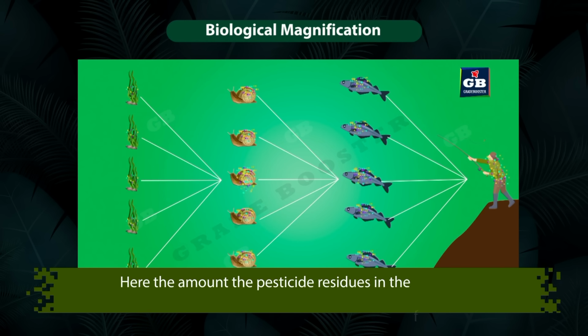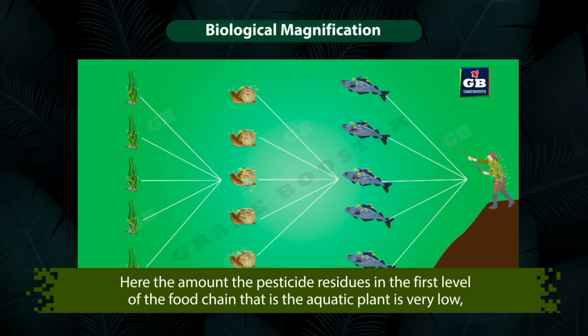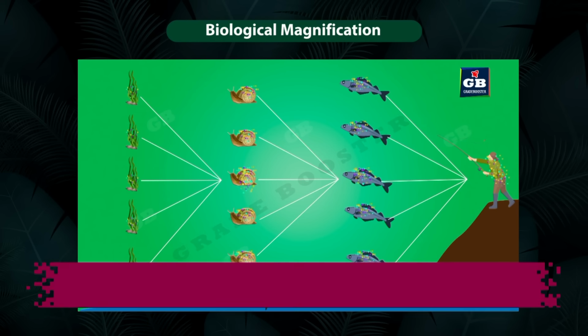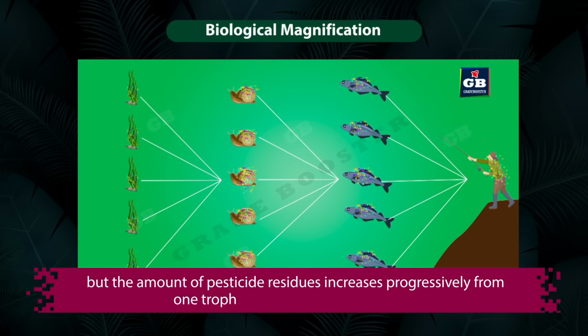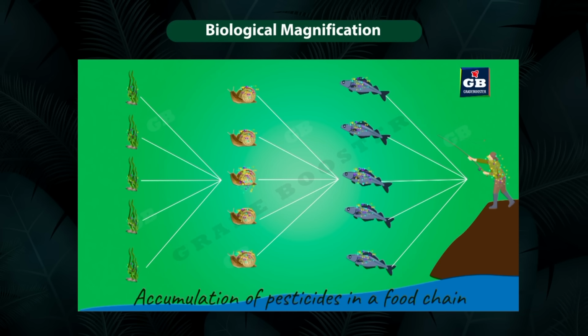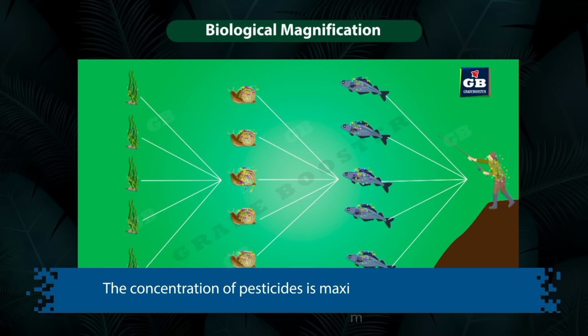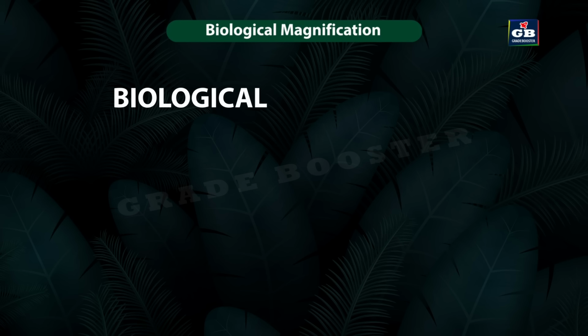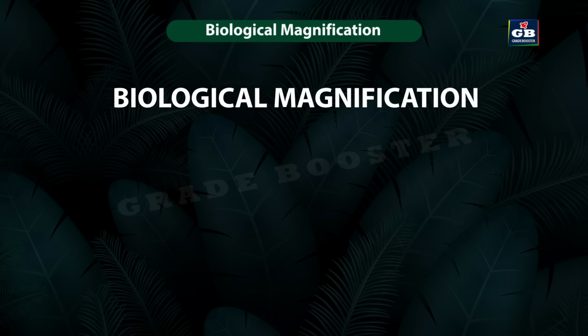Here the amount of pesticide residue in the first level of the food chain, that is in the aquatic plant, is very low. But the amount of pesticide residues increases progressively from one trophic level to the next trophic level, and the concentration of pesticides is magnified at the final level. This phenomenon is called biological magnification.